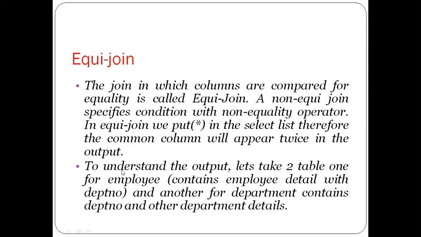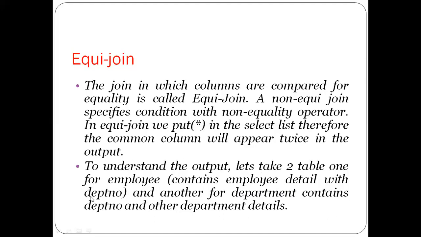See another example. To understand the output, let's take two tables, one for employee. So employee is one table, containing employee details with the department. In this table, employee number, employee name, department, salary and commission are there. Another table is department, containing a department number.